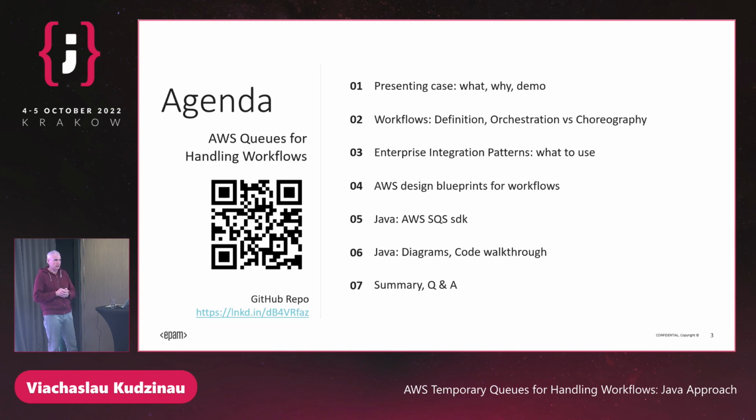Second, a little bit of theory. I'll be talking about workflows, what they are, and which architectural artifacts we need to use to describe and communicate about workflows. Then a bit of modern stuff about coordinating workflows in distributed architectures, especially in microservices, like orchestration versus choreography.